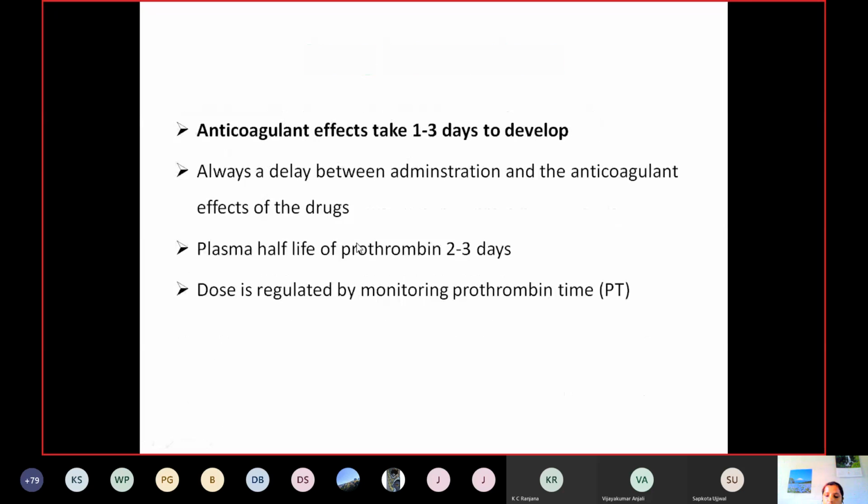When you give warfarin, there is already some prothrombin in the plasma, and that should be neutralized to show the anticoagulant effect. For that reason, warfarin takes about 1 to 3 days to show its effect.